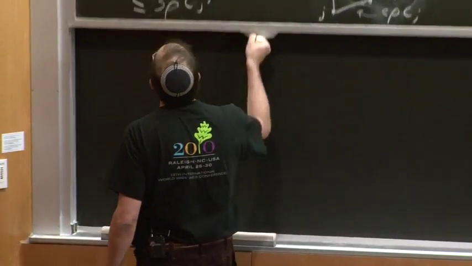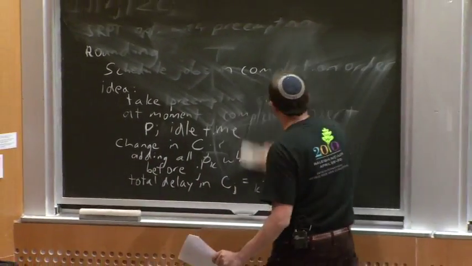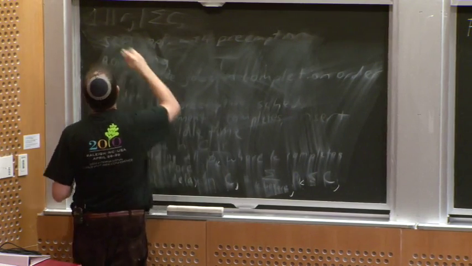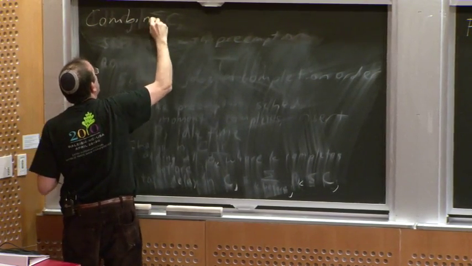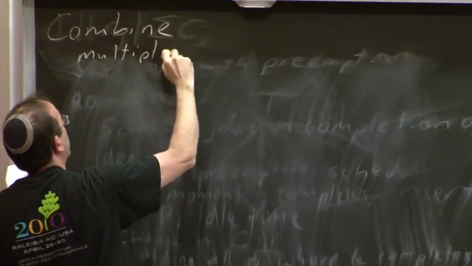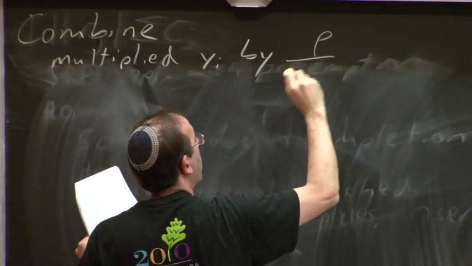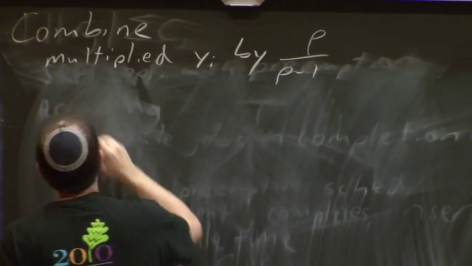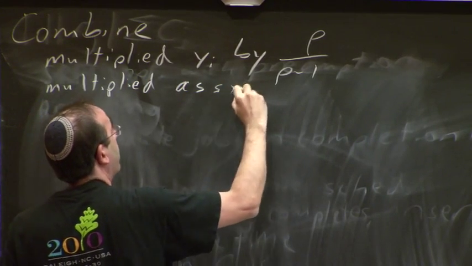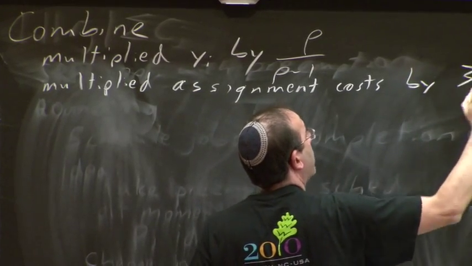Okay. So now we can put together these different pieces. This is just sort of a summary. I multiplied each yi by rho over rho minus 1. I then multiplied the assignment costs by 3 rho.